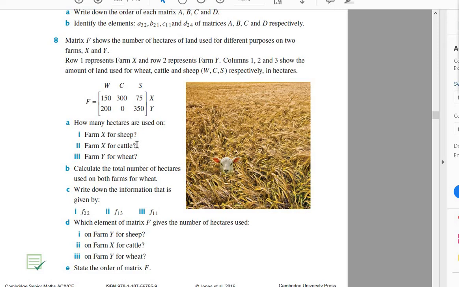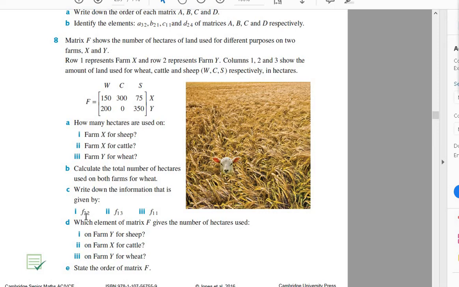Cattle farm X is 300. Awesome. Farm Y for wheat. Farm Y for wheat is 200.